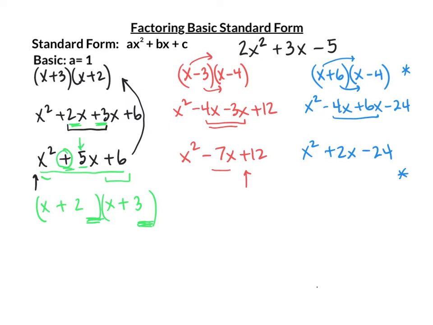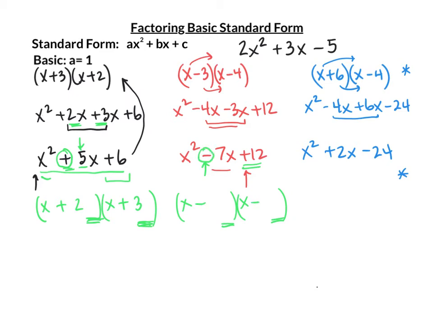When you look at the next one, you know that x times x is x squared. You know that this number times this number makes positive 12. The signs could either be two positives or two negatives. Now, there's two ways to make positive 12. If you look in the middle, it's a minus. That's the clue that it's two negatives.